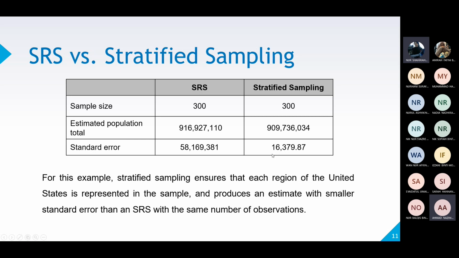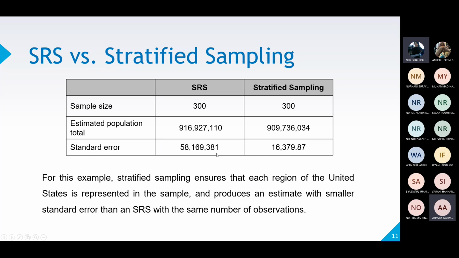There is a huge difference in the standard error here. It means that in our case, the stratified sampling technique gives us much lower standard error compared to the simple random sampling. So if you have enough cost, sufficient labor, and much time to conduct a survey, it is highly recommended to use the stratified sampling technique as compared to simple random sampling.